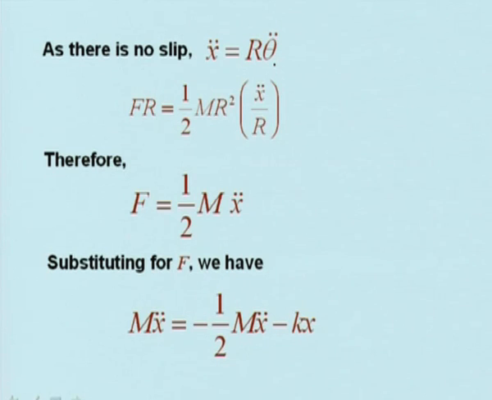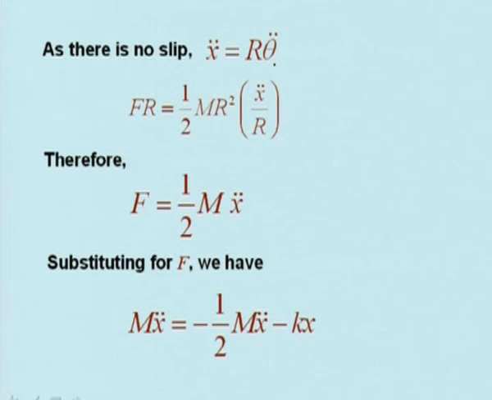That is, the linear acceleration is equal to r times the angular acceleration. Therefore F into R is equal to half m r square into x double dot by R, and therefore F is equal to half m x double dot.